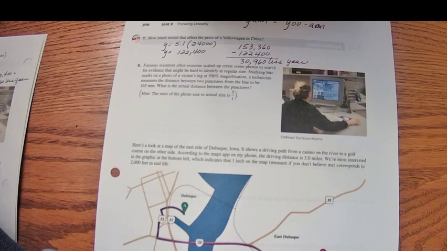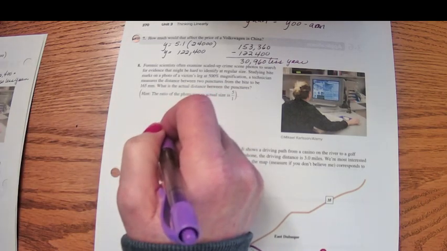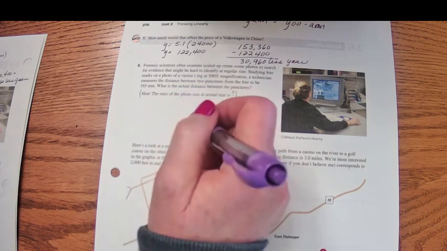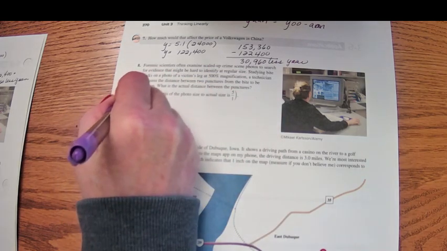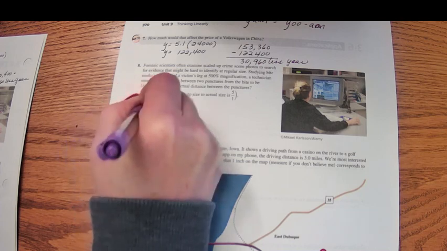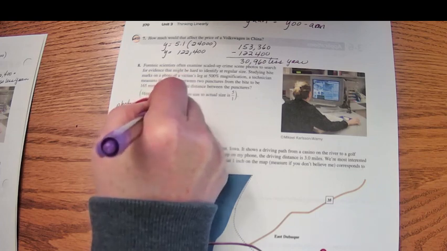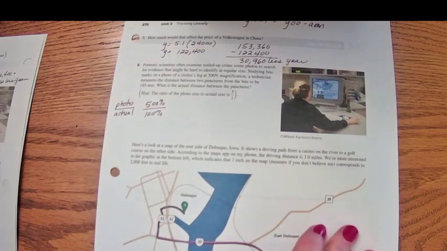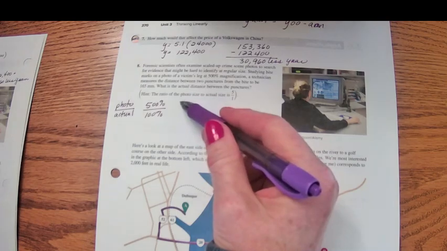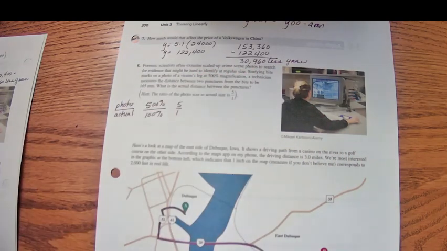So, the ratio of the photo size to the actual size is 5 to 1. Photo to actual. 500%. Actual would be 100%. 500% would be magnified, made larger, and that's where we get the 5 to 1.